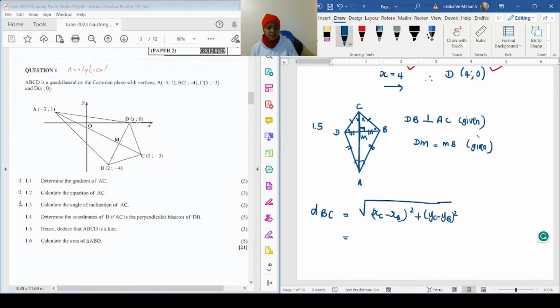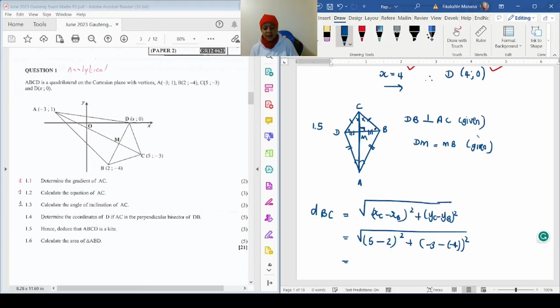The x-coordinate of C is 5, and that of B is 2. The y-coordinate of C is -3, and that of B is -4.